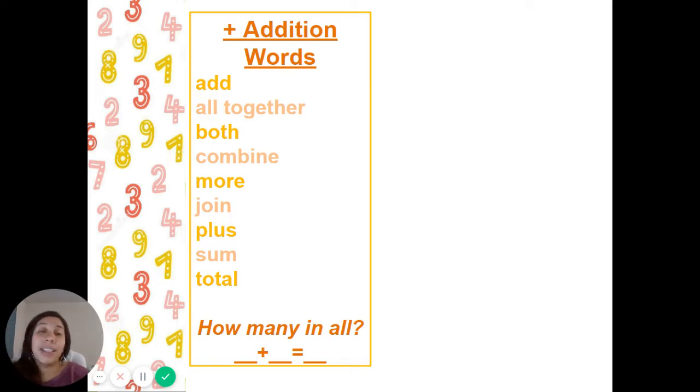I have an example of a question that we might find in an addition problem. How many in all? It is very, very common to have this. So when you identify a word problem as an addition problem, there is one number sentence that you need to follow, which is blank plus blank equals blank.